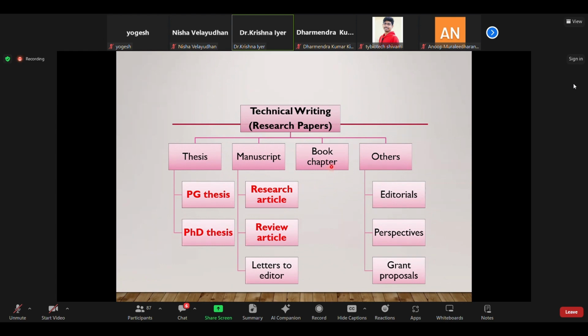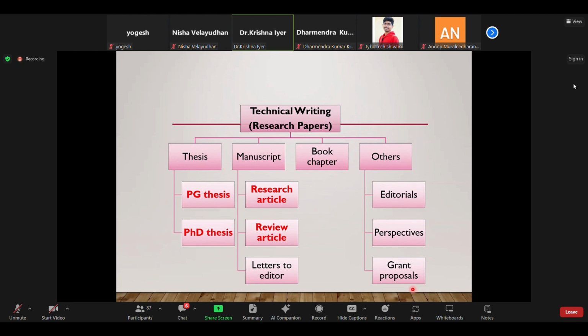Then you also have other types of scientific writing where you could write an editorial or an article in a newspaper or college magazine, or you might give your perspectives when you're invited to talk about a certain topic, as a short note in a journal or something like that. And of course, you all need to write a lot of grants in order to generate finance for your research, and that also involves writing things in a more technical fashion.